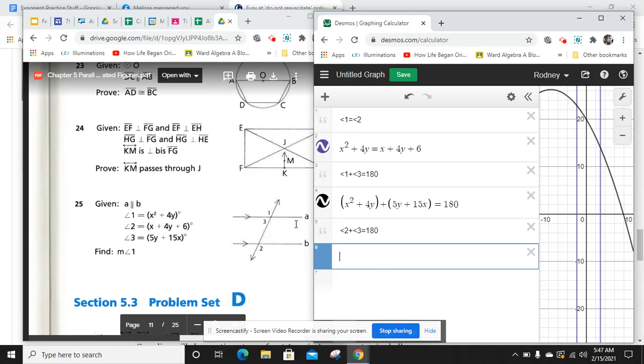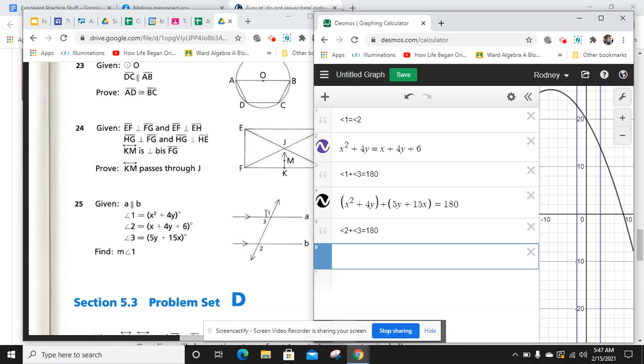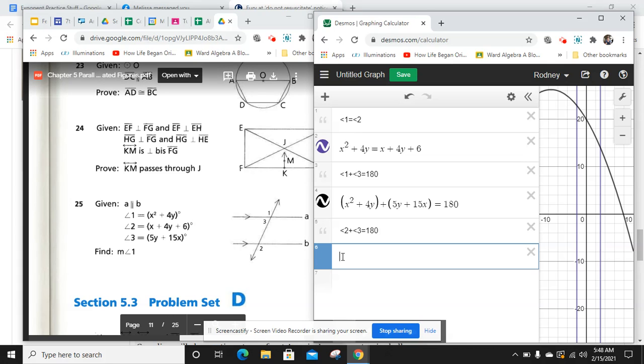Now let's see, angle 2 and angle 3 are also going to be supplementary, because angle 3 is congruent to the angle that makes up the straight angle with angle 2, because angle 3 is an alternate interior angle with the angle that is supplemental to 2. So 3 is also supplemental to 2, so they add up to 180. Angle 2 and angle 3.